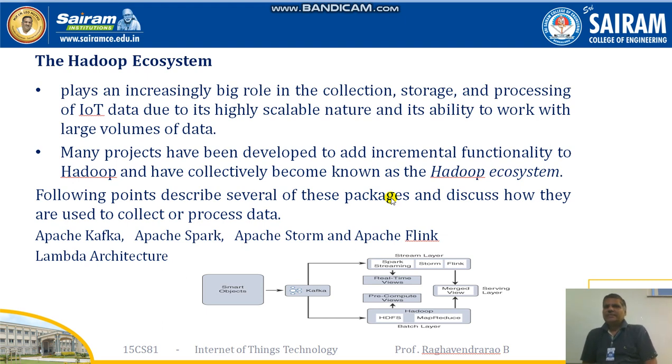The following describes several of these packages and discusses how they are used to collect or process the data. Now you can see Apache Kafka, Apache Spark, Apache Storm and Apache Flink. By using these architectures, the data is collected and executed.